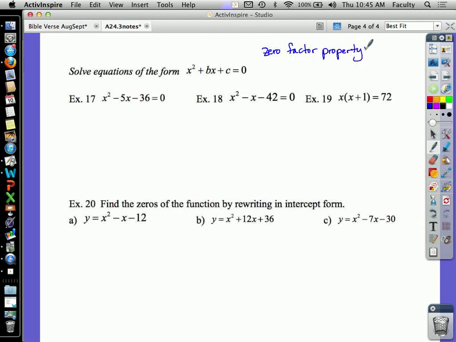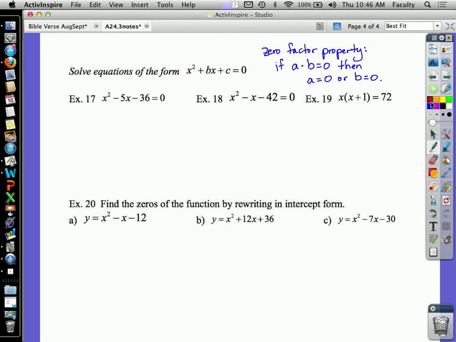And here's what the zero factor property says. If you have a times b equals 0, then either a was 0 or b had to be 0. And this is the property we're going to use here. Again, the zero factor property, if a times b equals 0, and it has to be equal to 0, it can't be equal to 2 or 1 or something like that, then a is 0 or b is 0.